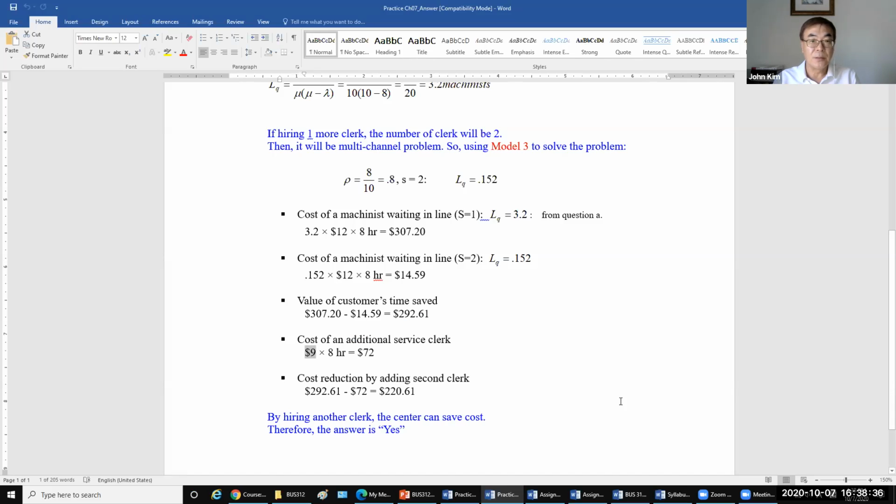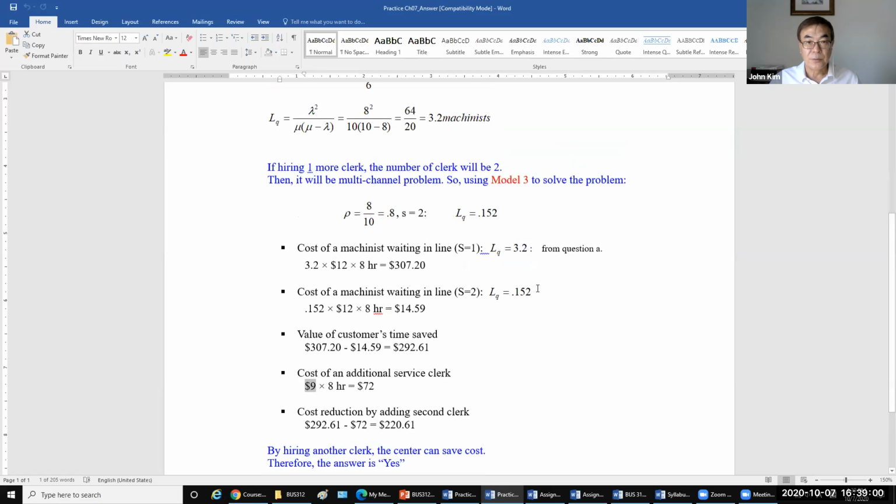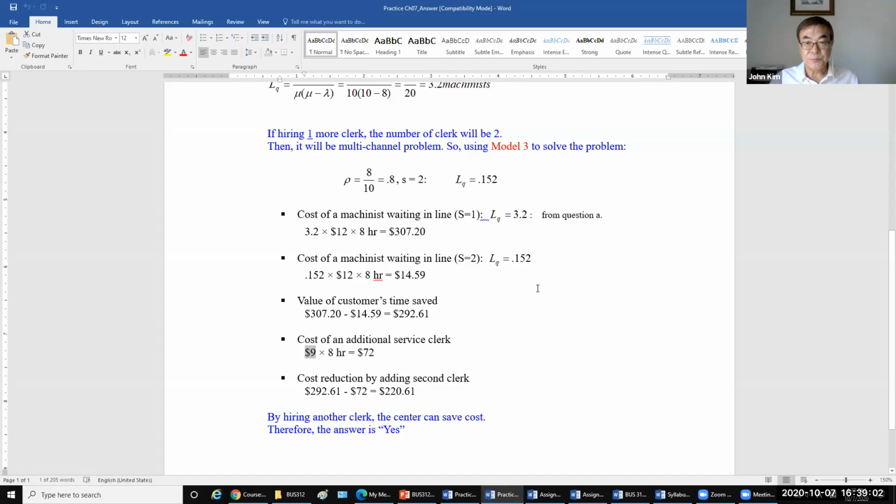I used the wrong number, but the calculation is right. I made a mistake here. Now, okay. So it's supposed to be $9, not $12. Thank you for the correction. Okay, any other question?